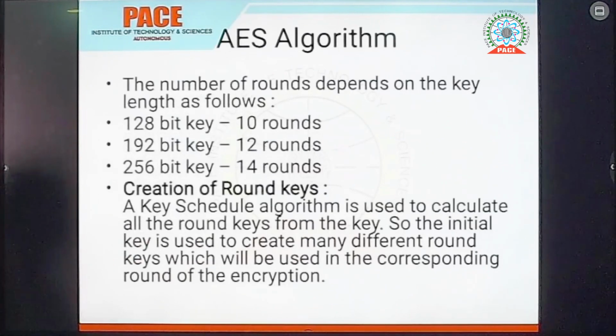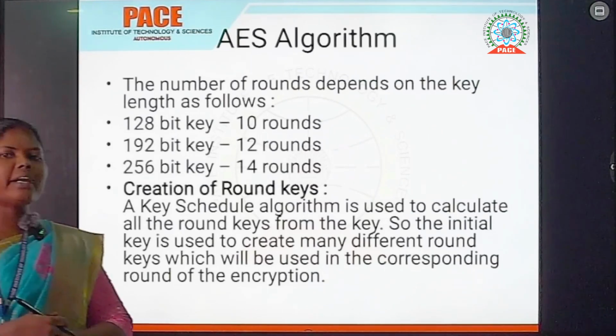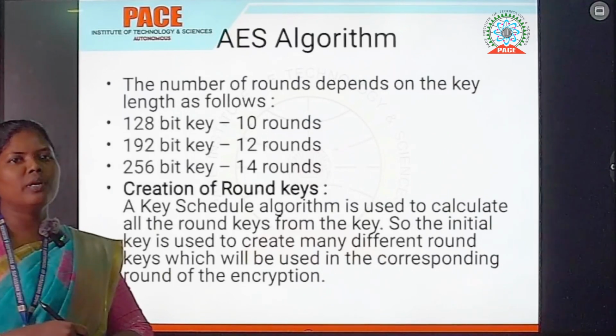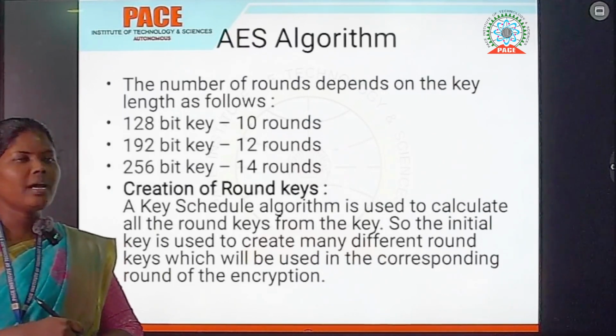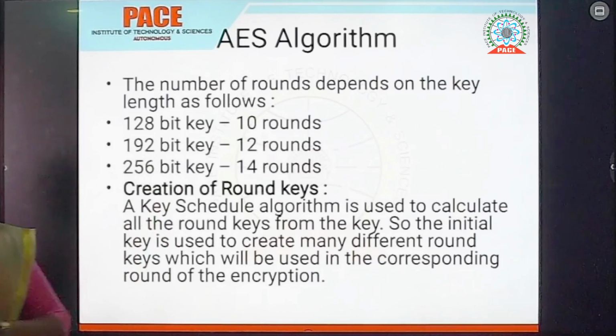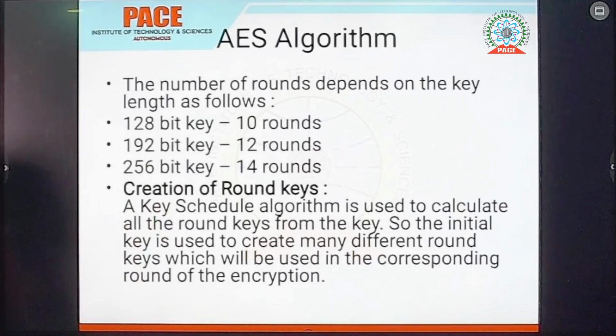In the AES algorithm, the number of rounds depends on the key's length. In DES we have only 16 rounds, but in AES the number of rounds varies depending on the key bit size.